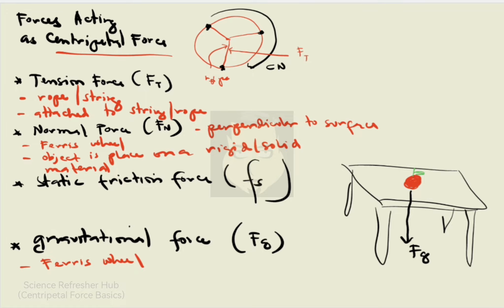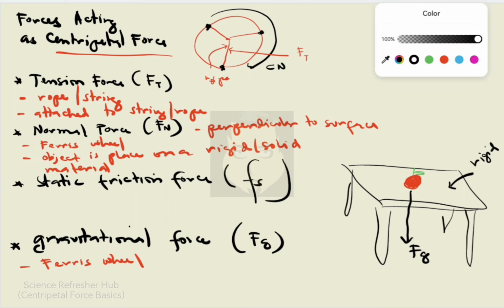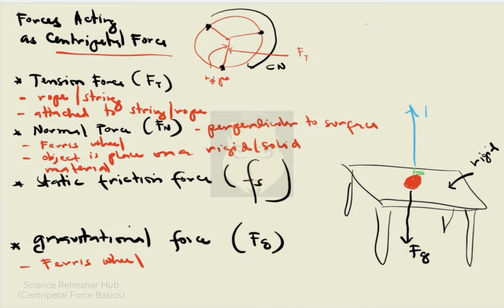It pulls down the orange, and since it is placed on a rigid object, the table is a solid object, not a rope, not a string, the force that will balance our object here is the normal force.